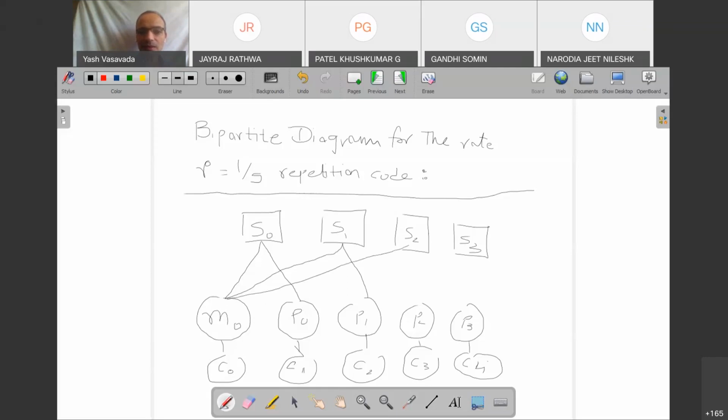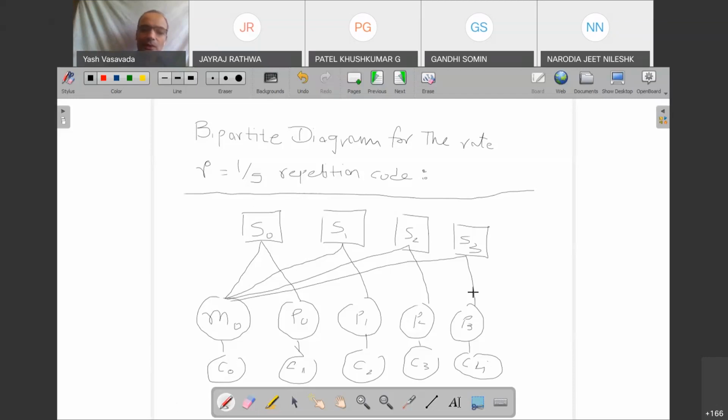Then S2 checks that C0 and C3 are the same, and S3 checks that C0 and C4 are the same. This is how we can draw the bipartite diagram for rate 1/5 repetition code.